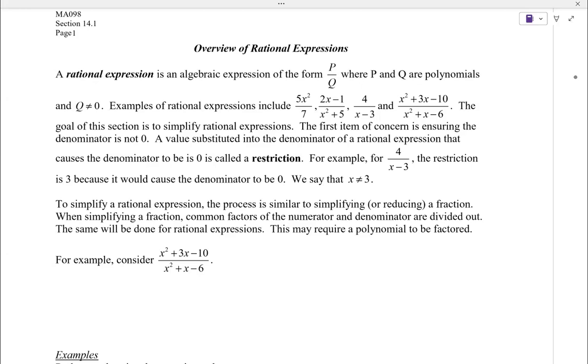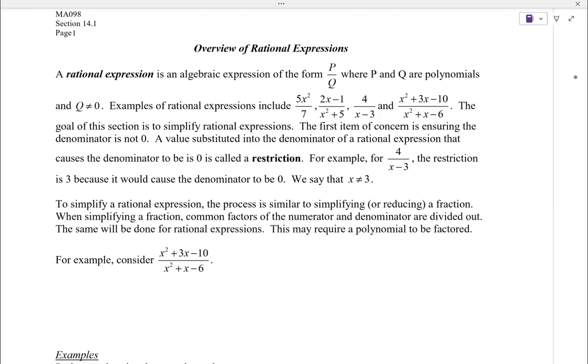If we try to plug in a number for x, I have to be careful when I start introducing denominators. What number can you not divide by? 0, right? So I have to make sure that whatever I plug in for my x doesn't make the denominator equal to 0. We refer to those as restrictions.